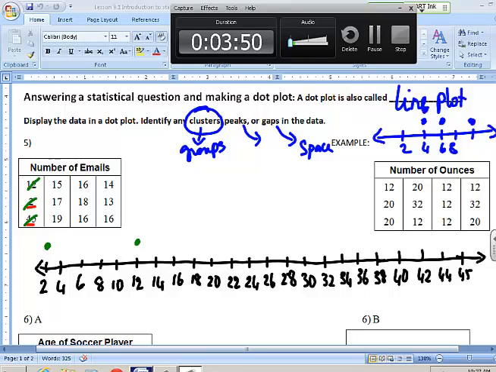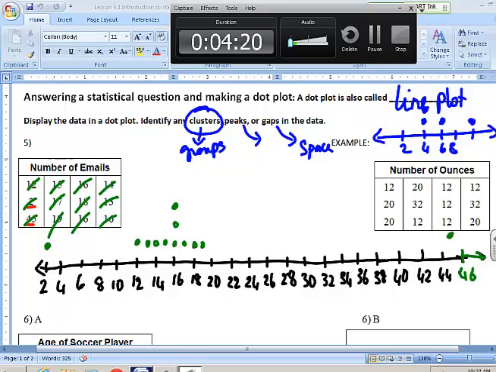I'm sorry, that should be a 46 on the number line there. So 45 is somewhere here. 15 right here in the middle. 17, 19, 16 again. Oh, 16, I'm sorry. 18, 16 again, 14, 13, and a 16 again.